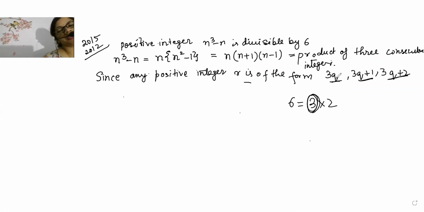If you are going to take q is equal to 1, listen to me nicely. If you are going to take q is equal to 1, then which number will come? 3, 4, and 5. But if you will multiply all this number and try to divide it by 6, will it be divisible? Yes.